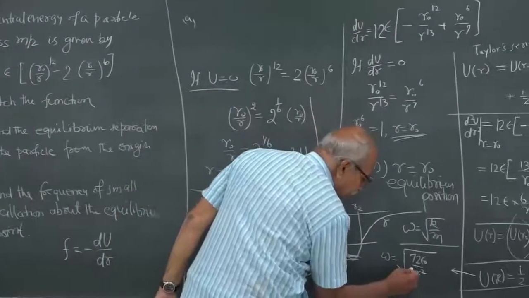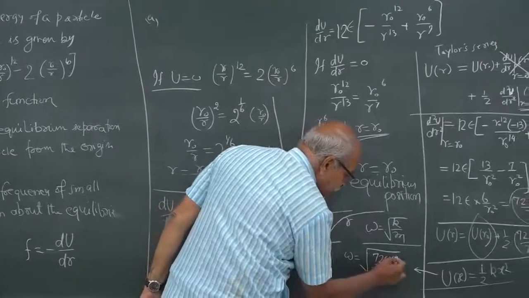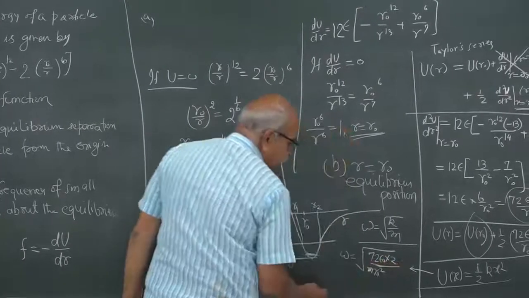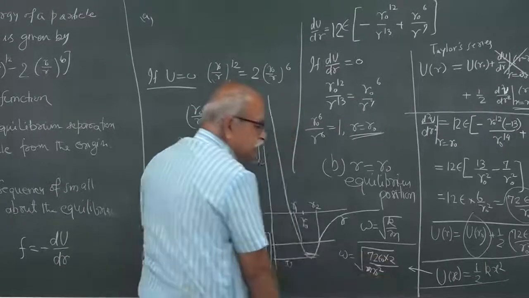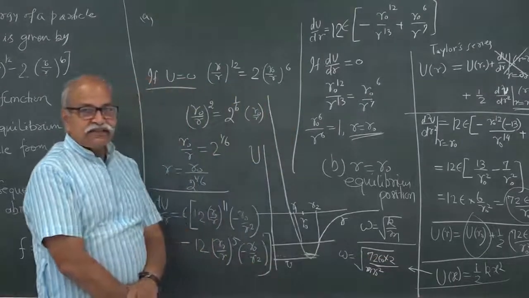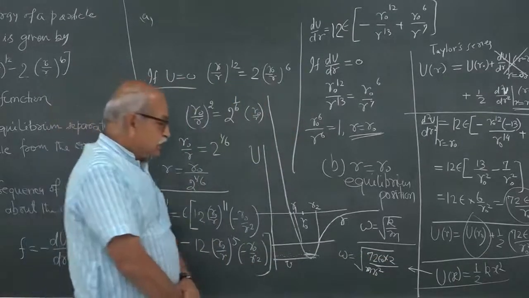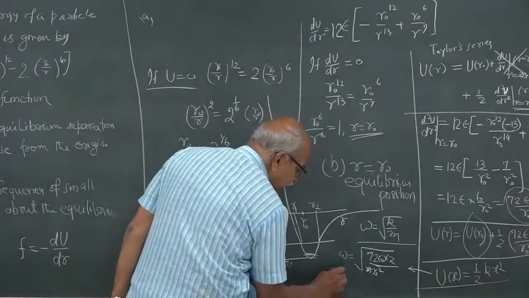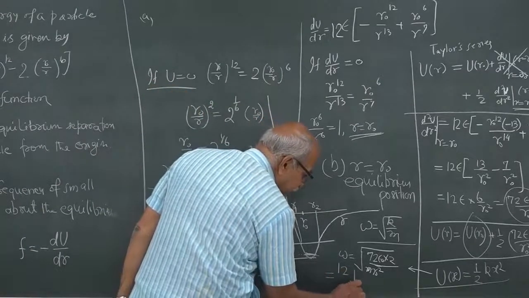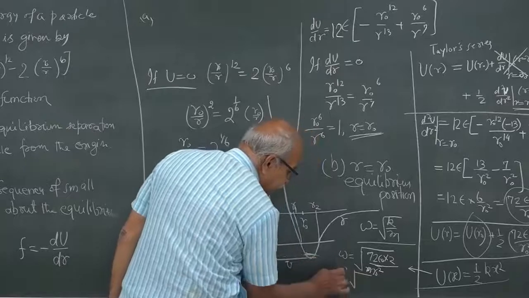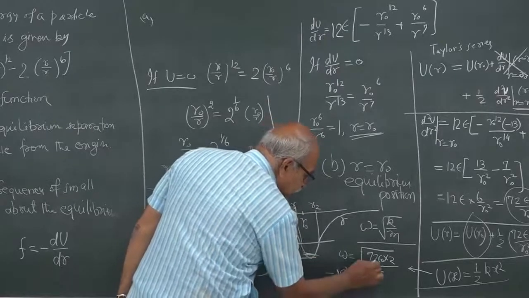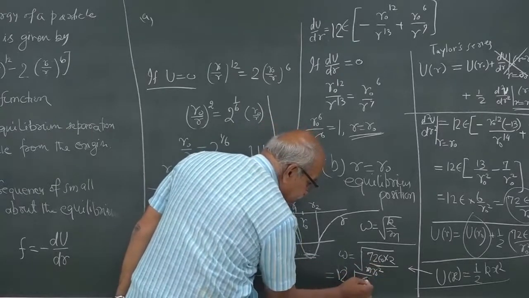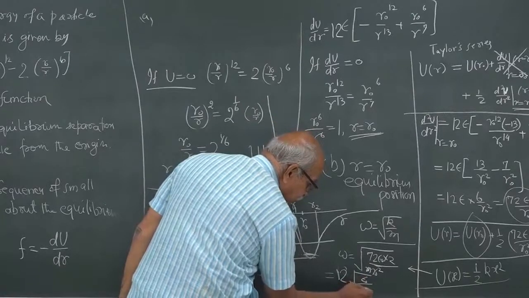So, I put m here and 2 here, and 72 into 2 is 144, a perfect square, square root is 12. So, this is 12 times epsilon naught divided by m r naught square.